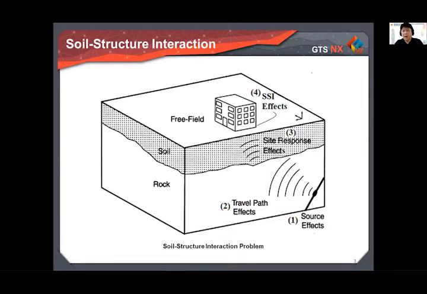In structures founded on non-rigid formations, the soil flexibility influences structural response and vice versa. This phenomenon is called soil structure interaction, simply SSI. SSI is one of several factors influencing response to seismic loads that include source effect, travel path effect, and site response effect.